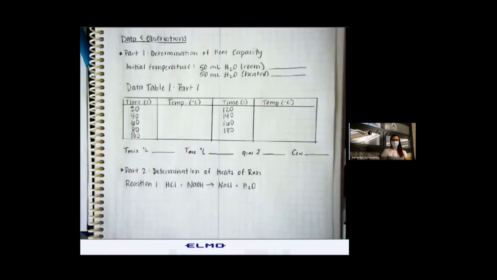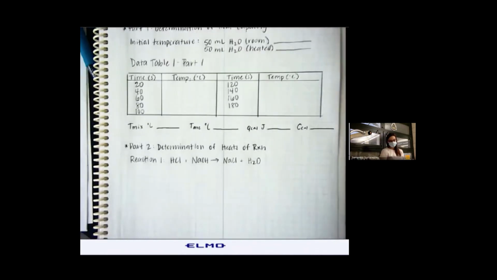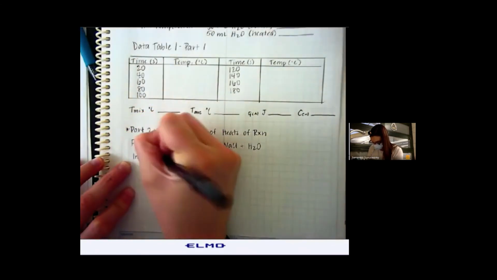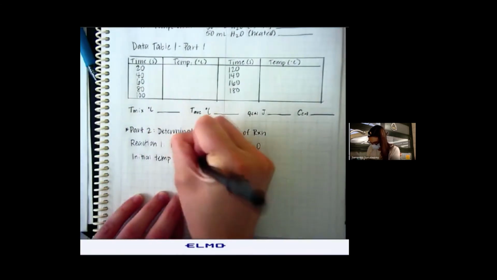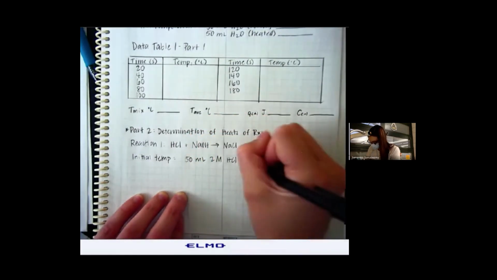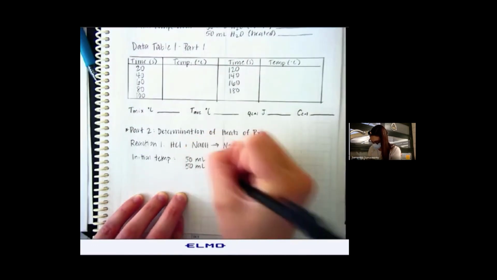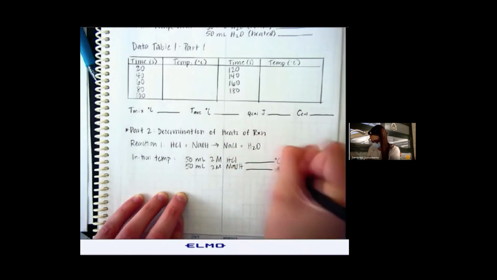Then we'll go through just like before and we'll put initial temperature, we'll draw our data table, and then we'll include the variables at the bottom. So initial temp, 50 milliliters, 2 molar HCl, put a blank. 50 milliliters, 2 molar NaOH, put a blank.